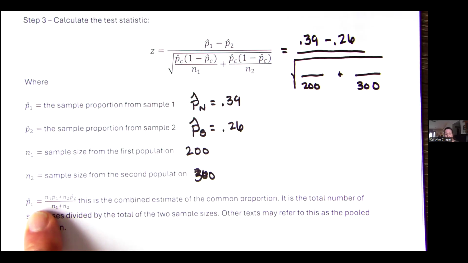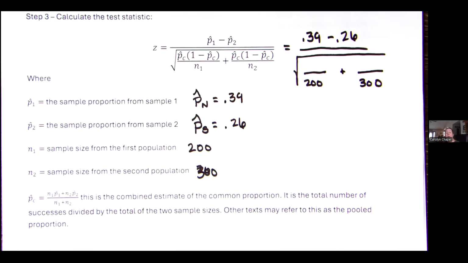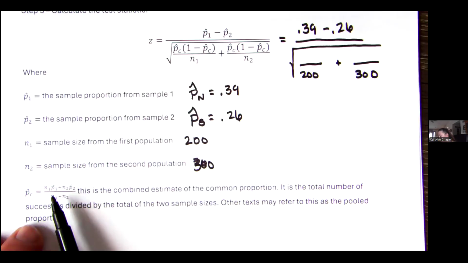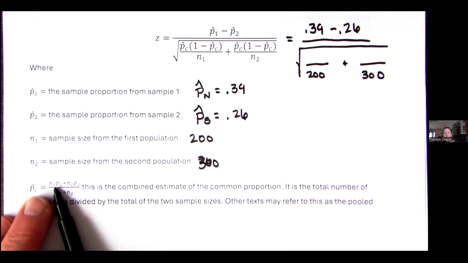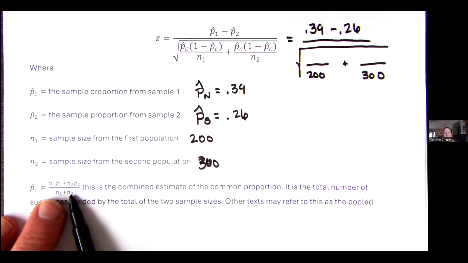So thank goodness we do have software to do this. That P hat, we use a little C in our textbook. That stands for a combined proportion. Other textbooks may refer to this as a pooled proportion because we're kind of combining the two together. What we have is the total number of successes for number one, the total number of successes for number two, all over the total numbers added together.